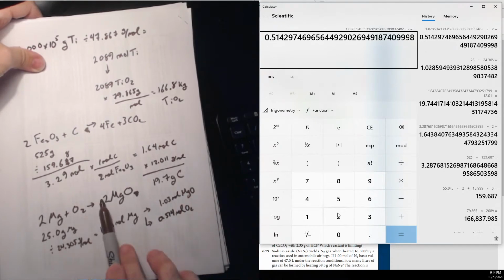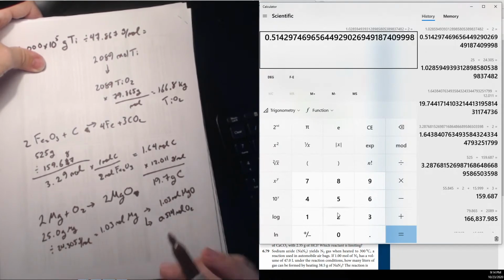I know it's an equal number because 2 to 2 means equal number, 2 to 1 means half as many.